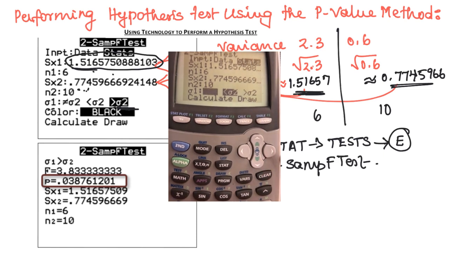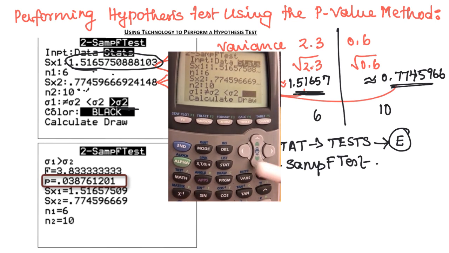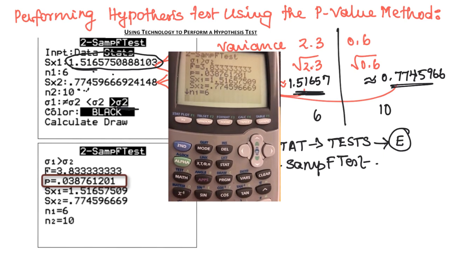Then we are checking whether sigma 1 is greater than sigma 2, so highlight that and press enter. Then select calculate. Press enter again. So you will get the p-value.